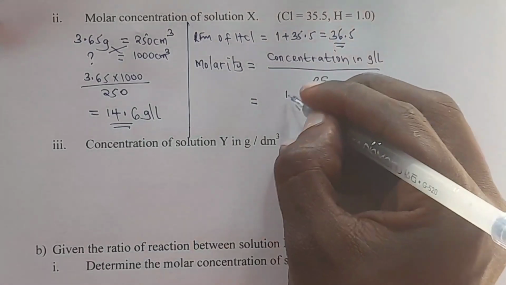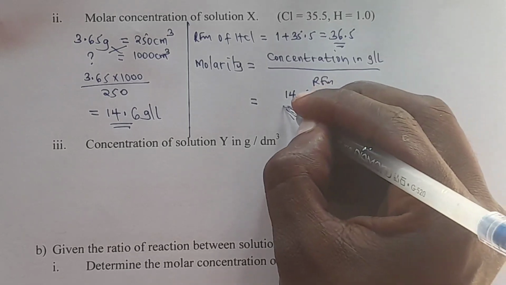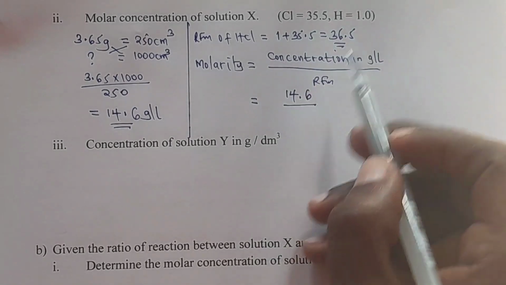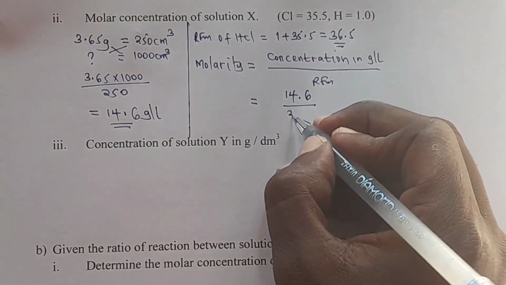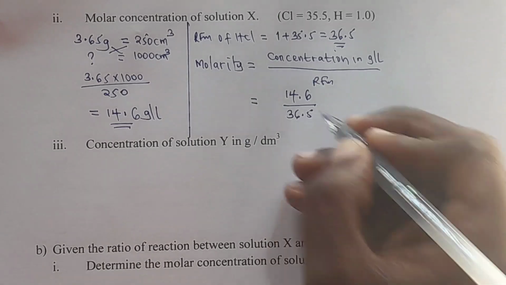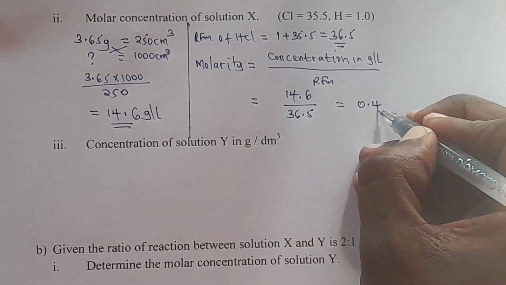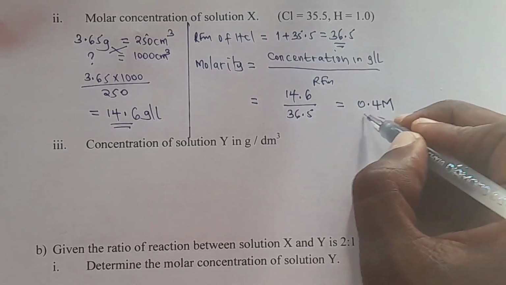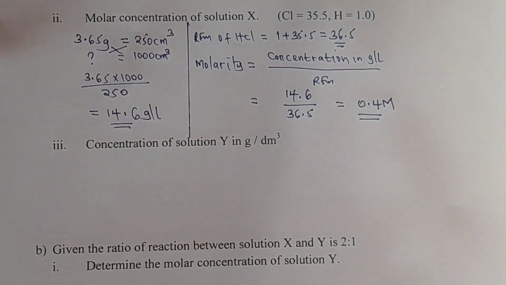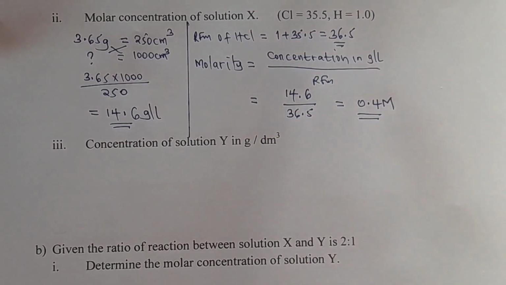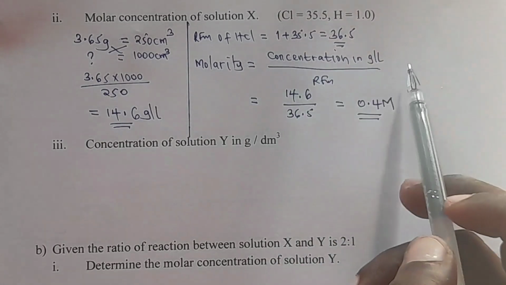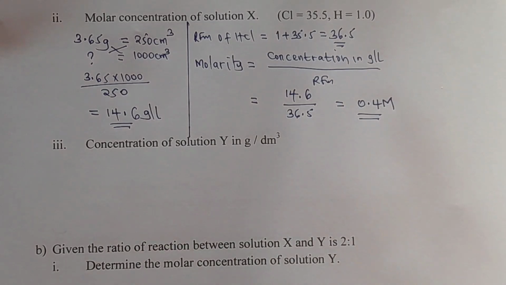It's 14.6, which we have gotten, divided by the RFM of hydrochloric acid, which we have gotten as 36.5. If we put this in the calculator, we are going to get 0.4 mole per liter. That's our molarity. Remember, we have the formula for calculating molarity, which is equal to concentration in grams per liter over the RFM. Okay, we move next.